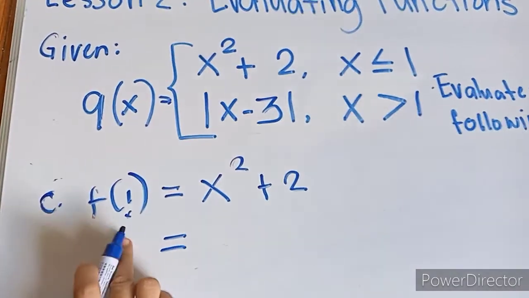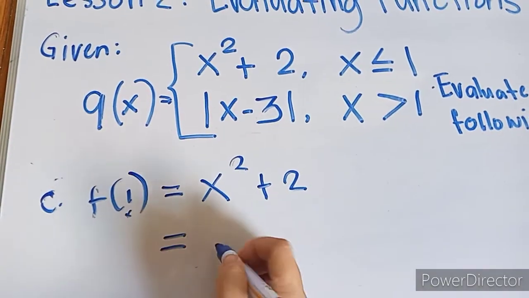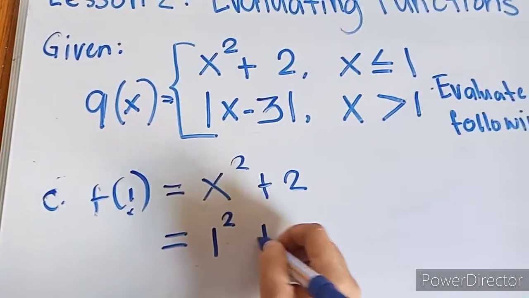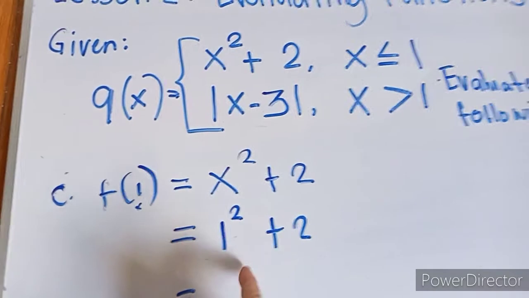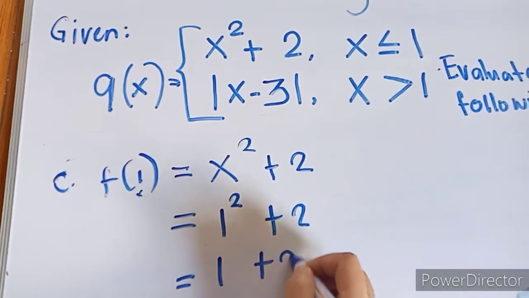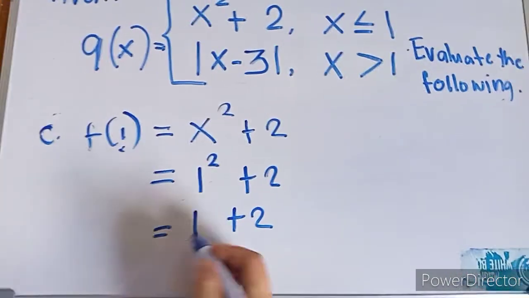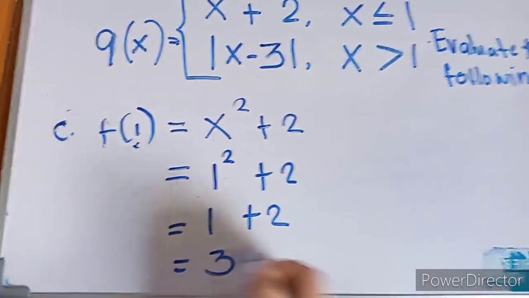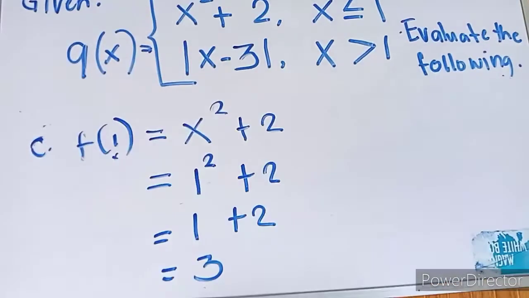The next is substitute the value of x, which is positive 1. You have 1 raised to 2 plus 2. Then 1 raised to 2, that is 1 times 1 becomes positive 1 plus 2. And then 1 plus 2 is equal to positive 3. So that is now the answer for letter C.